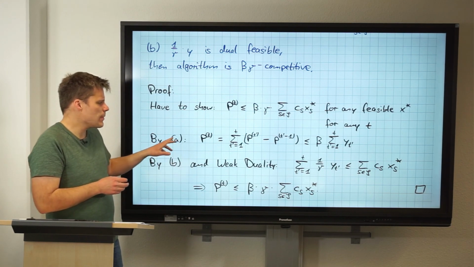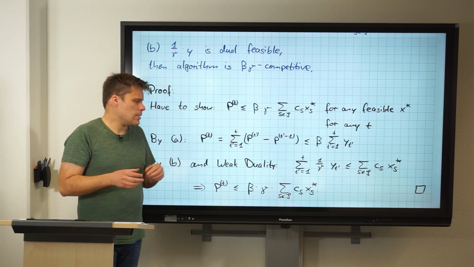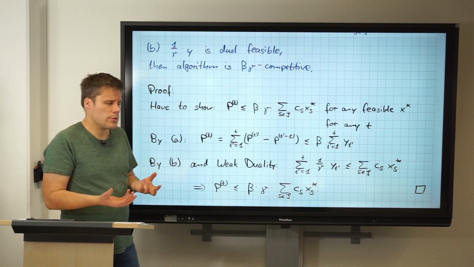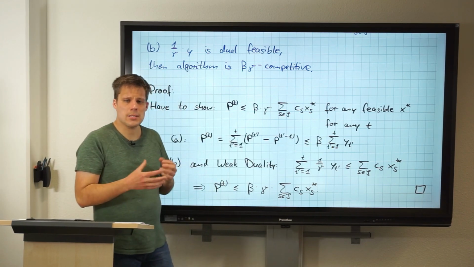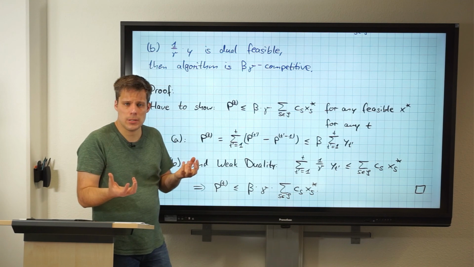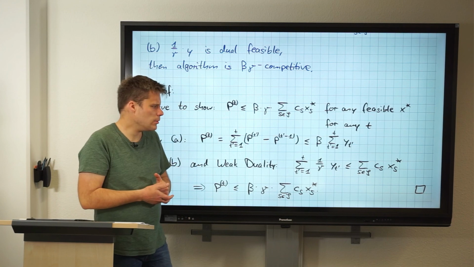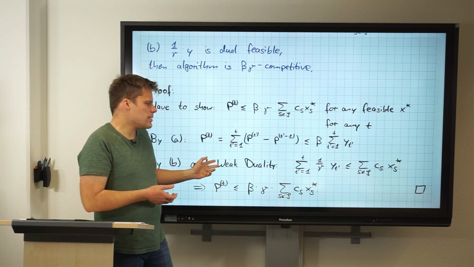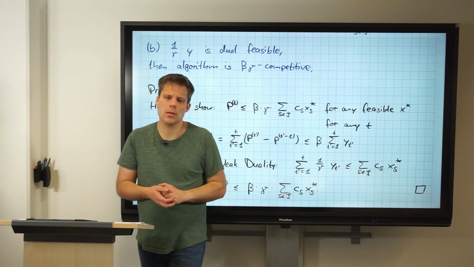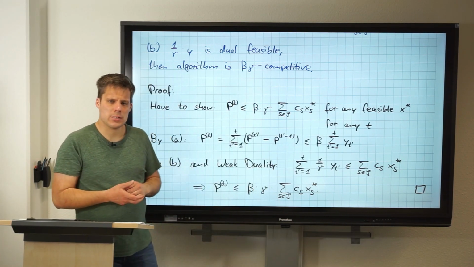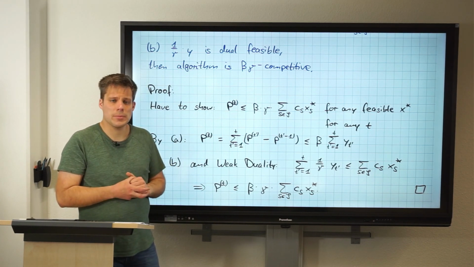We write PT, the cost that our algorithm incurs overall, and we can upper bound this in terms of these yt, this dual solution that we're constructing, which, in a scaled down version, is feasible. And then this yt's cost is again upper bounded by the cost of the optimal offline solution.